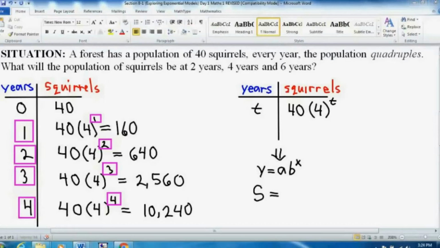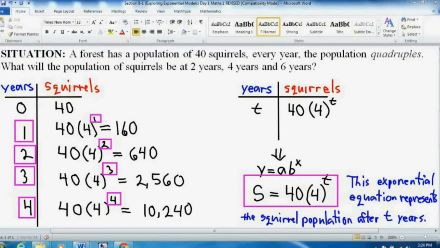The letter A will represent our initial squirrel population. The letter B will represent the fact that the squirrel population will quadruple every year, represented as the letter t. This exponential equation is going to represent the squirrel population after t years.